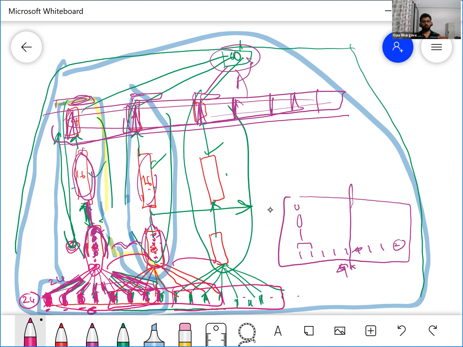Yes, correct. Did that answer your question? I don't want you kids to go away with any doubts in your head. So one neuron will have 24 inputs going inside at that point? Correct.